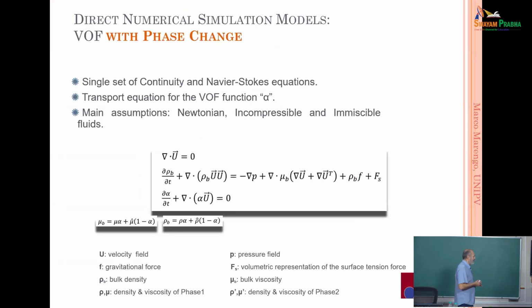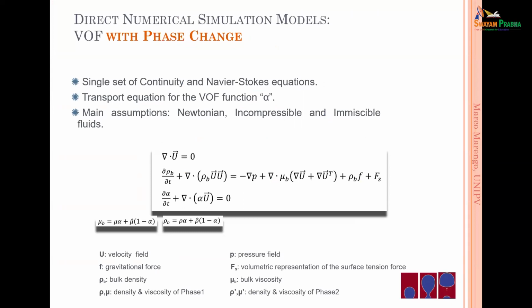Okay. Let's come back now, a little bit easier, and we would like to understand how to deal with the VOF when we have a phase change. So, what is happening? We wrote already the expression of the VOF.